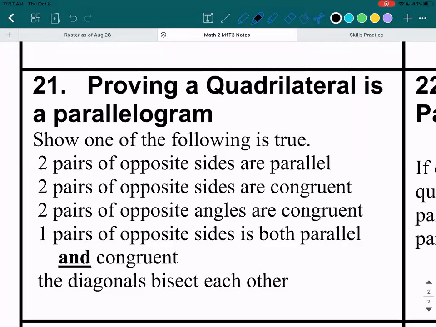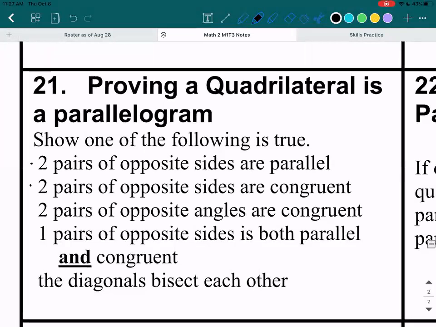Two pairs of opposite angles are congruent, or one pair of opposite sides is both parallel and congruent, or the diagonals bisect each other. So if any of these things happen, then you can prove a quadrilateral is a parallelogram. So there's 1, 2, 3, 4, 5 different ways you can prove a quadrilateral is a parallelogram. Okay, and we're going to put these into use later.